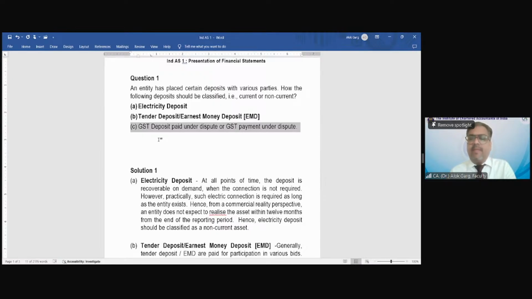The requirement was that the company has to pay at least 20% of the demand amount for filing an appeal. So the company has deposited this 20% under dispute, paid under protest. So whether this deposit will be classified as current or non-current.